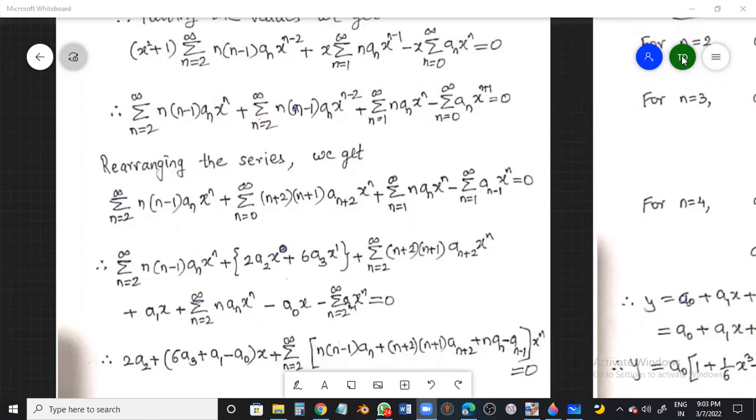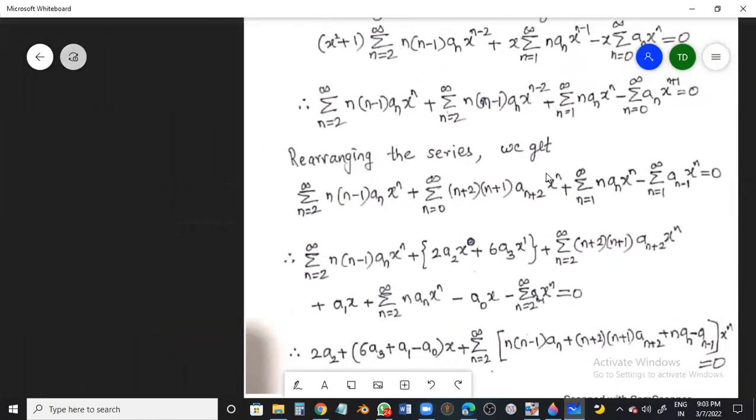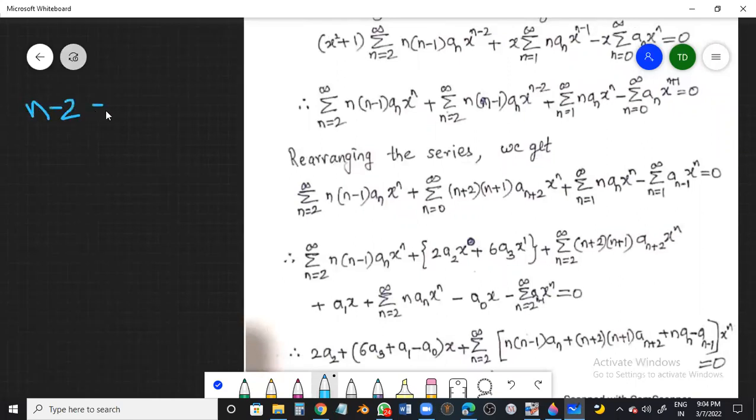All right. So I have taken this as it is, and I want to discuss this n minus 2. As we have discussed in the morning, if I put n minus 2 as k, of course this I am doing in mind, then what will happen to n? n will be k plus 2.